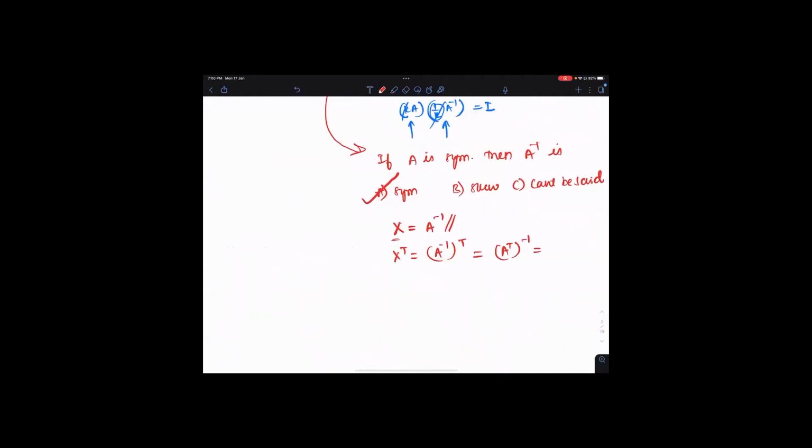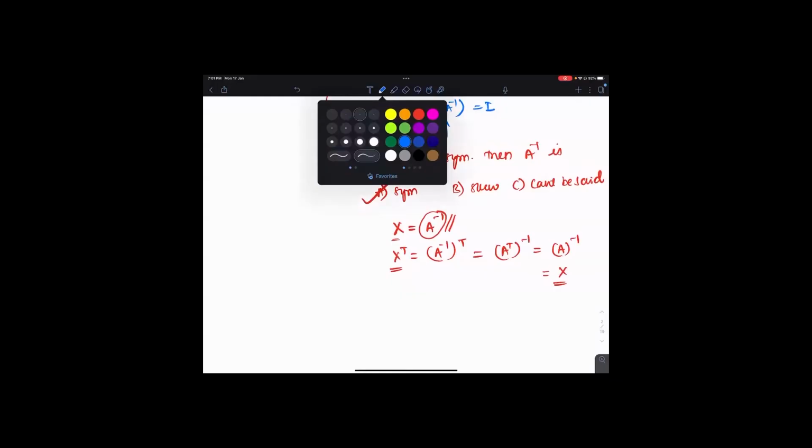So what is A transpose? A. So A inverse is what? X. X transpose and X both are the same. So X is symmetric. What is X? A inverse. A inverse is symmetric. So if A is a symmetric matrix, then A inverse is also a symmetric matrix. Fine. Let's come to the question which is given in JEE.